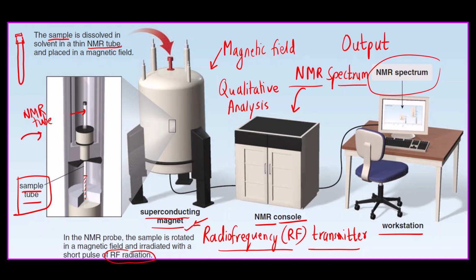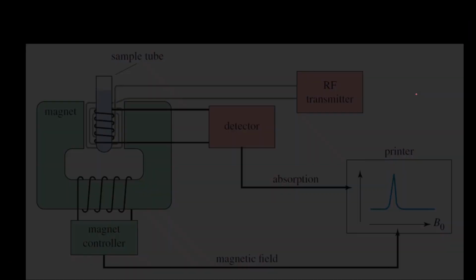In the presence of the magnetic field and the radio frequency emitted from the NMR console, after amplification of the signal with the help of the amplifier, you get the output. With the help of the detector, the signal is detected and you can see the NMR spectrum.